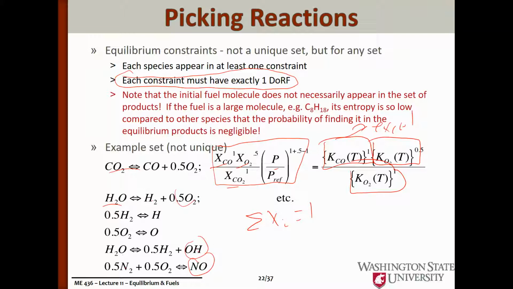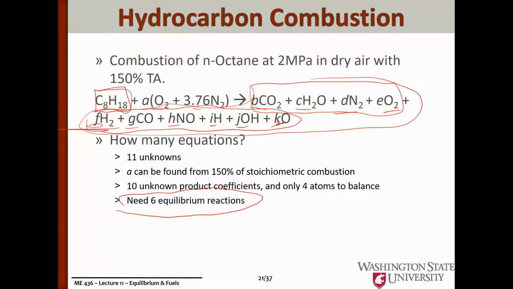And then I need all of those fractions of what I started with. So if I started with, in this example, 8 carbons relative to some other number of oxygens, 18 hydrogens relative to some number of hydrogens or oxygens, and then some amount of oxygen relative to nitrogen, that'll give me my 3 fractions.